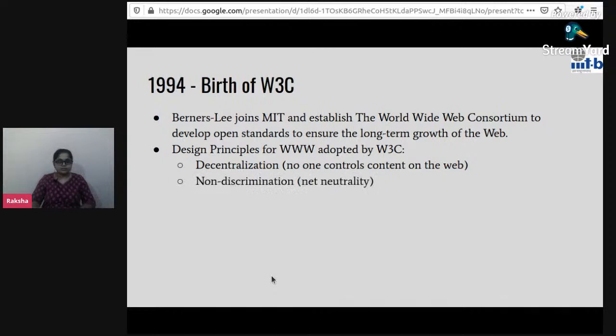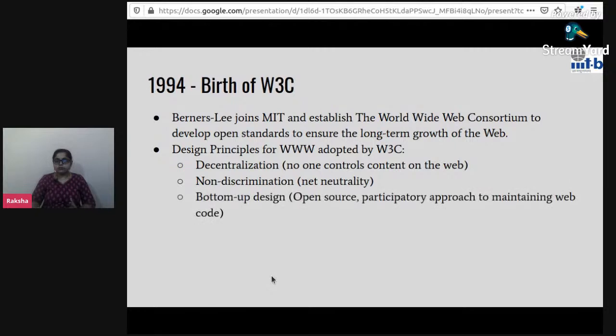And then the second principle was non-discrimination. Everybody who wants to get onto the web should have an opportunity to get onto the web, and it should be a bottom-up design, right? If you are building a website, the code is yours. The participatory approach. And universality. Any website that you build should be agnostic to any computer platform or even hardware.